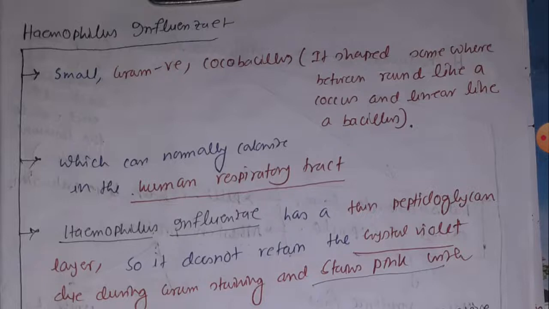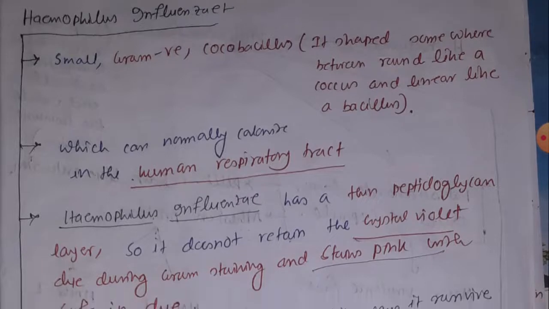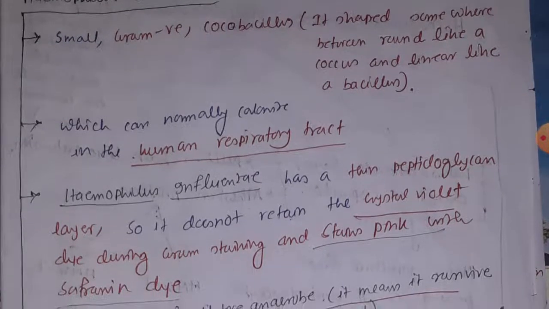We have discussed that Haemophilus influenzae is small, gram negative, and a coccobacillus. As it is gram negative, it has a thin peptidoglycan layer and an outer membrane, and it stains pink due to safranin.